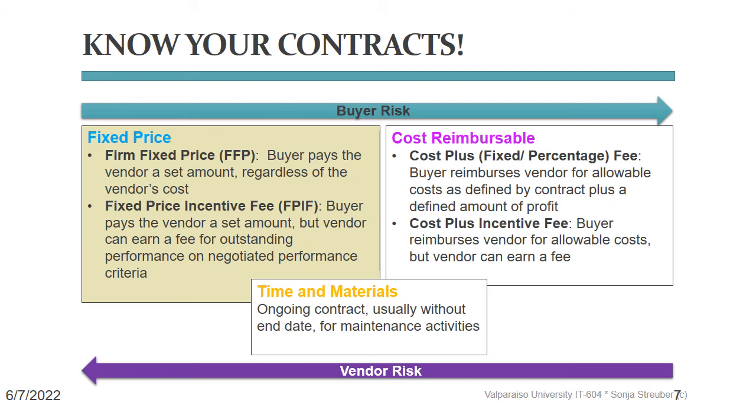That is why often an incentive fee, that is an extra bonus that the vendor can earn if they deliver on time, or with an extra round of testing, or following extra quality measures, is part of a fixed price contract. This incentive fee can be a percentage of the contracted price or an absolute sum.